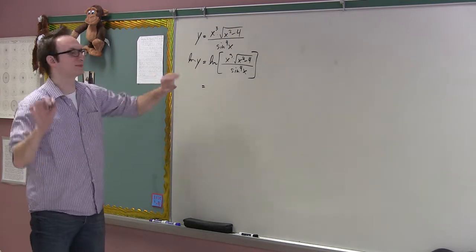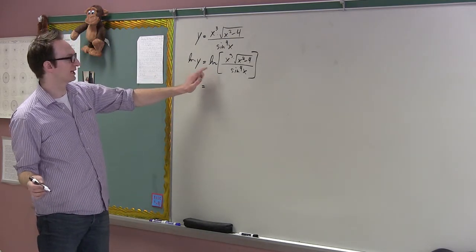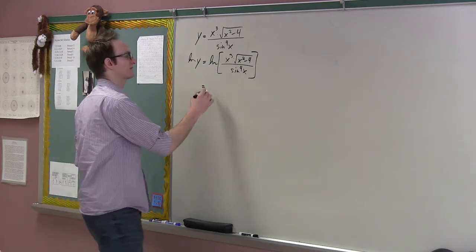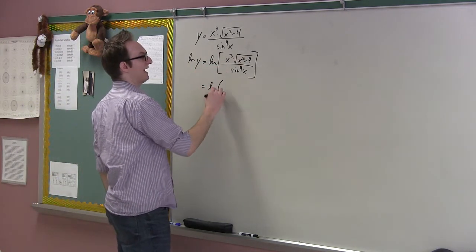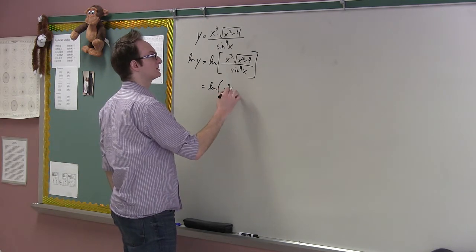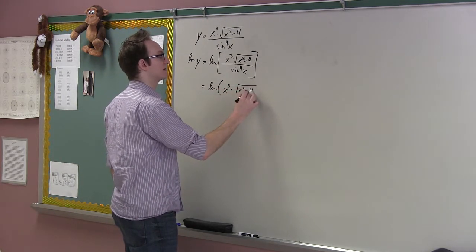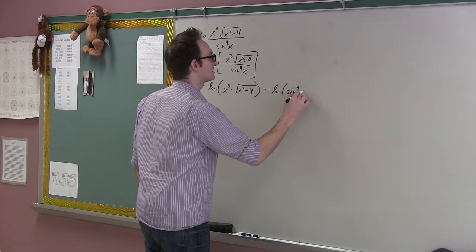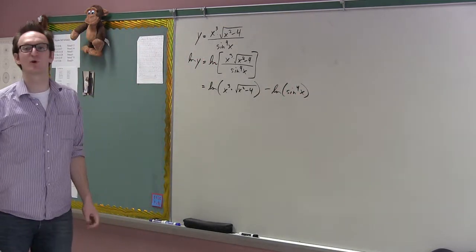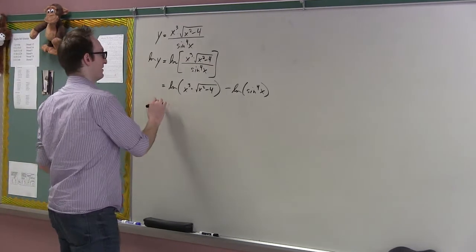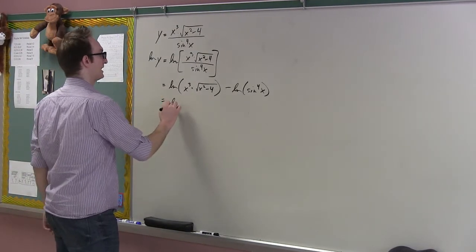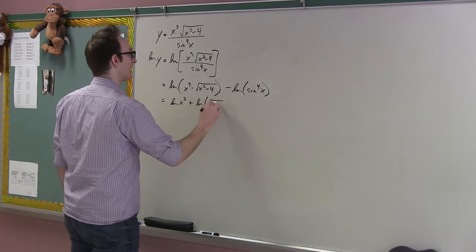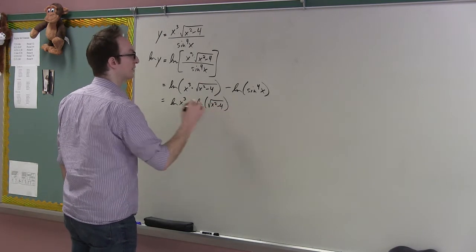Because, okay, I'll skip some steps because whatever, we're all experts here. The natural log of a over b, well, maybe I won't skip steps. So this is like ln of x cubed times x squared minus 4 minus the ln of sine to the 4th x. Can I simplify this more? Of course I can. Because now again, this is just ln x cubed plus ln root x squared minus 4.